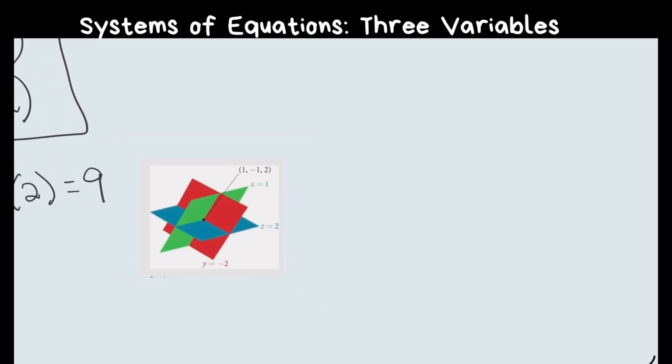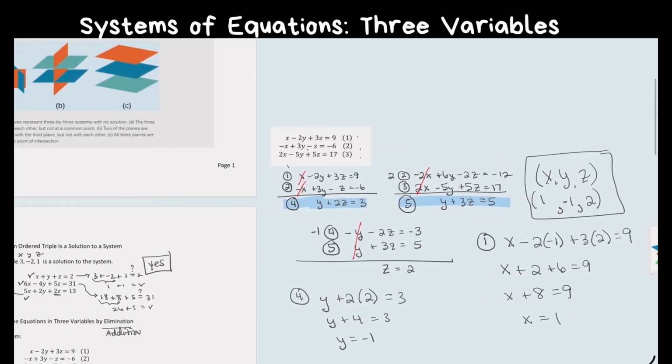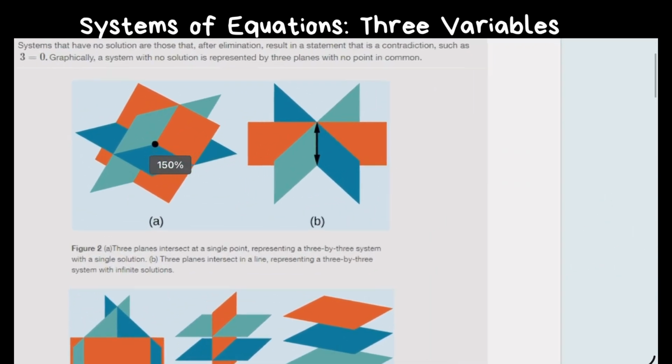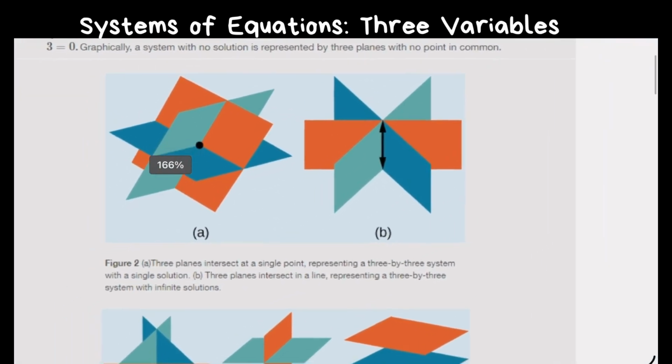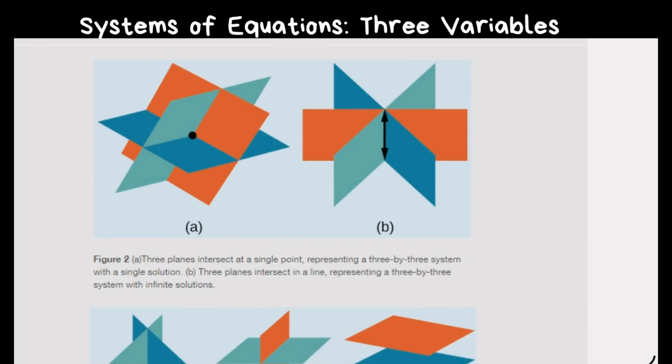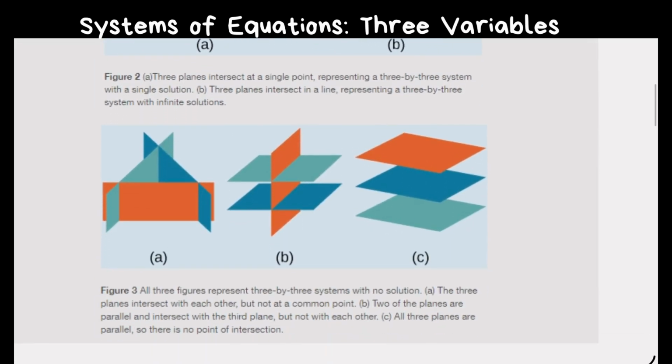Now, since we're talking about that, let's go back to here. So, image A is what just happened, okay? We could get situations where B is happening, and these 3 planes all line up and have a line in common. So there's infinitely many solutions. So that can happen, okay? We could also have a situation down here, like these figures.